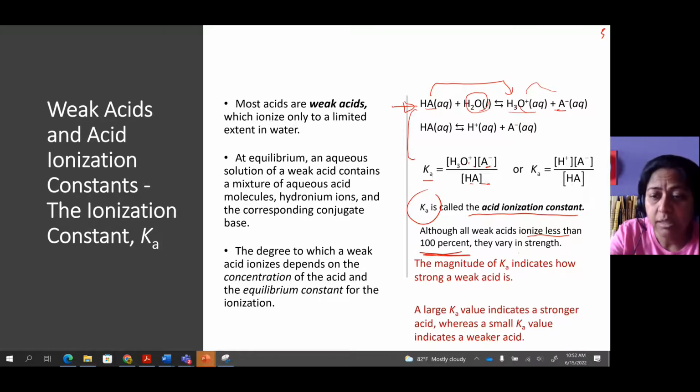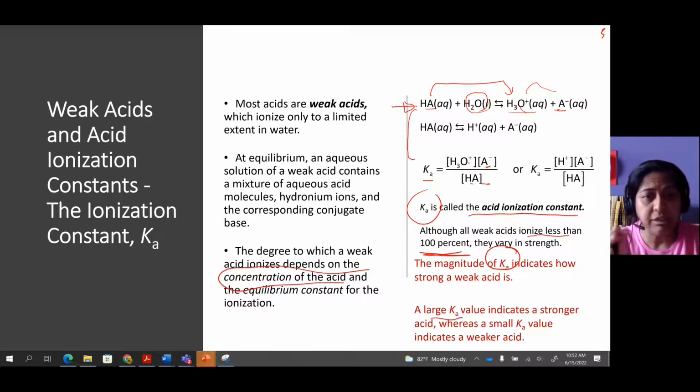It depends on the Ka and the concentration of the acid. If the Ka is a greater value, the ionization will be greater. If the Ka is a smaller value, the ionization would be less.